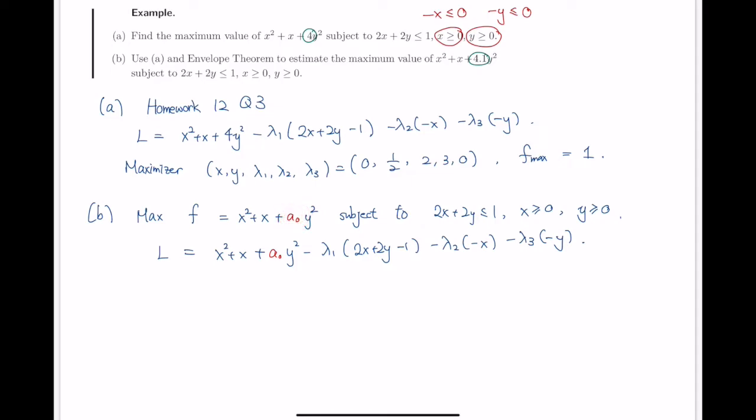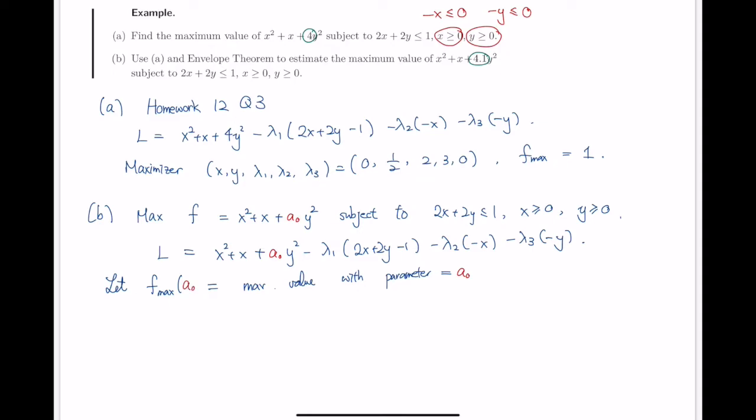And then for different choices of a0 here, you get a different maximum value. So we let f max equal the maximum value with parameter equal to a0. For different a0, you get a different maximum value. So this is a function of a0, sorry, I remember the previous notation. So it depends on a0.